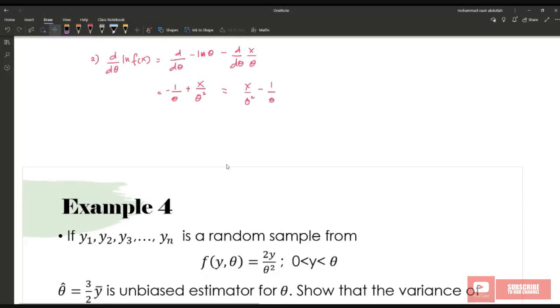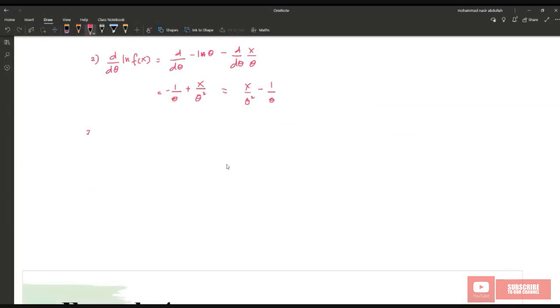Right. And then for step number 3, we do the second derivative of ln fx. So this one should be equal to negative 2x over theta to the power of 3, plus 1 over theta squared.